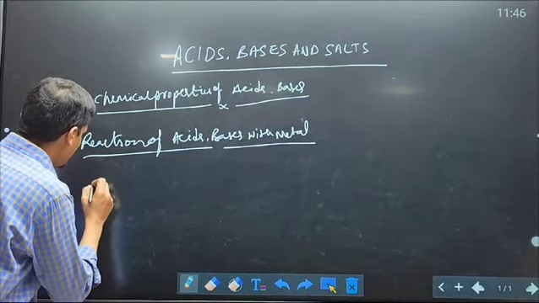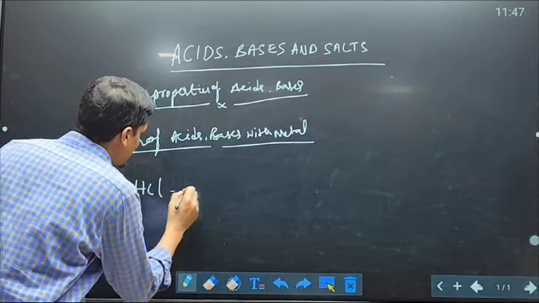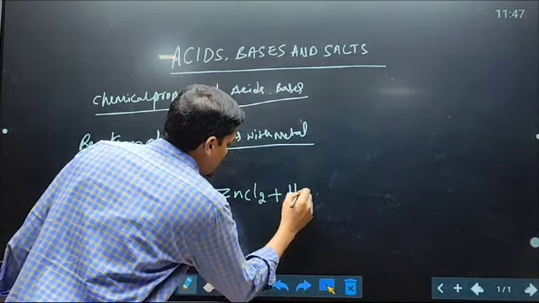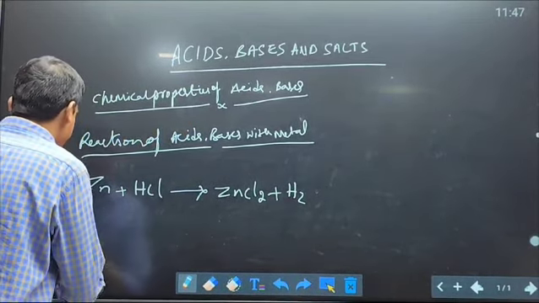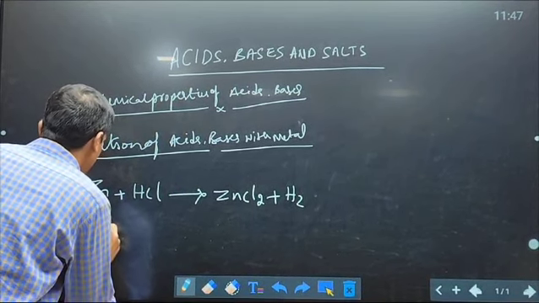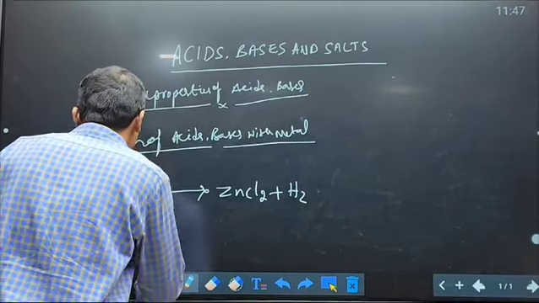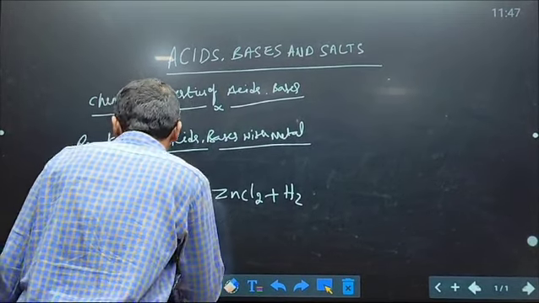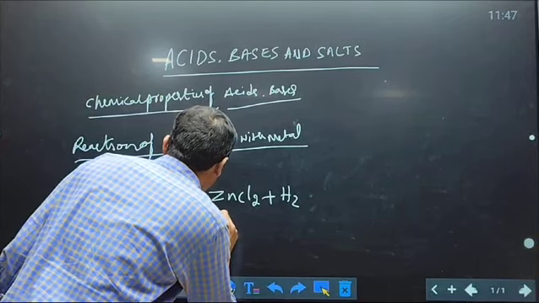One example is zinc reacting with dilute HCl to form zinc chloride, ZnCl2, plus hydrogen gas. And then bases: zinc reacts with sodium hydroxide to form sodium zincate.